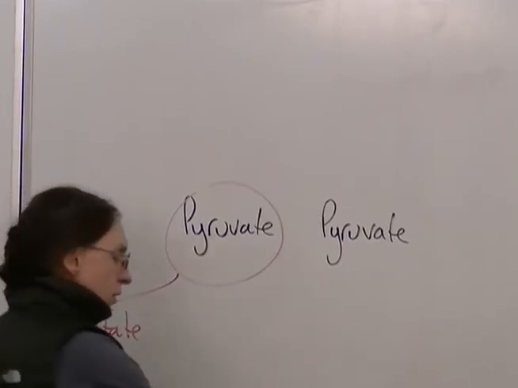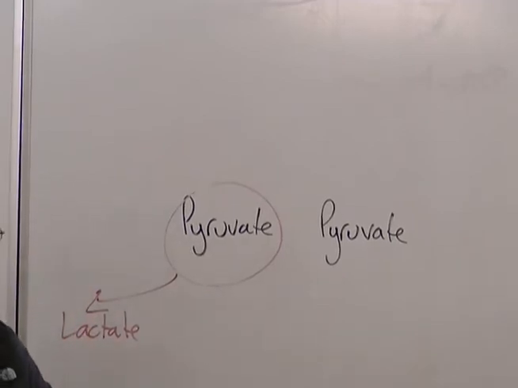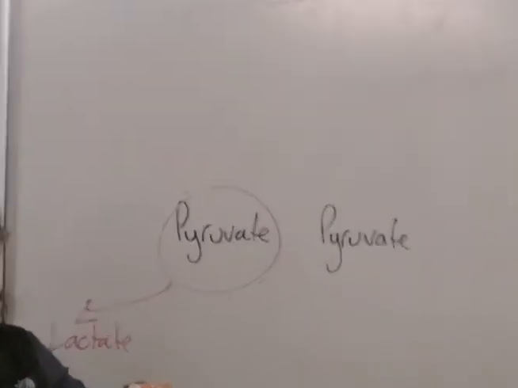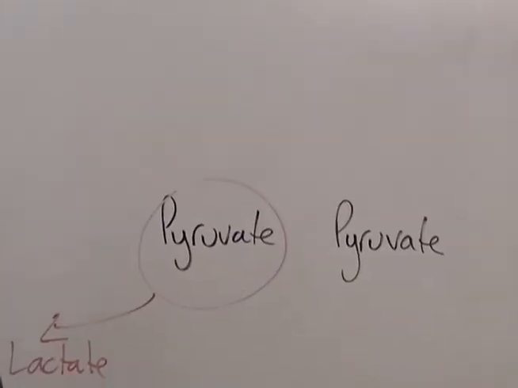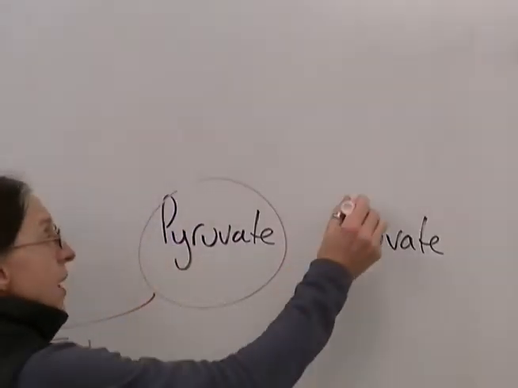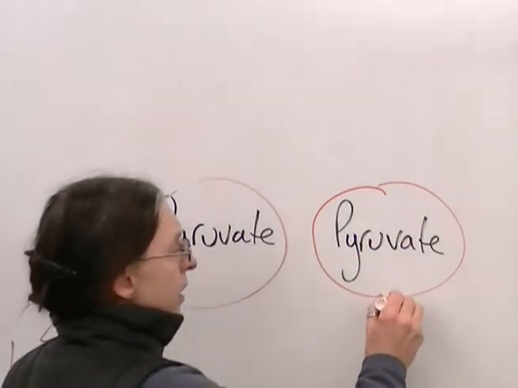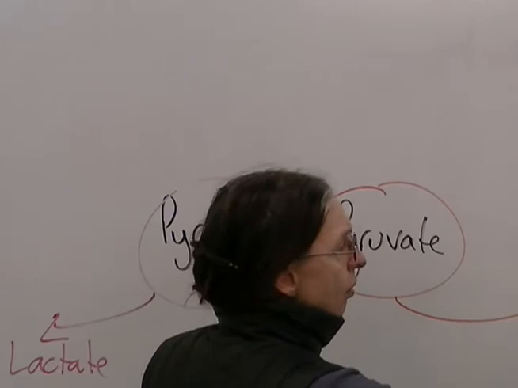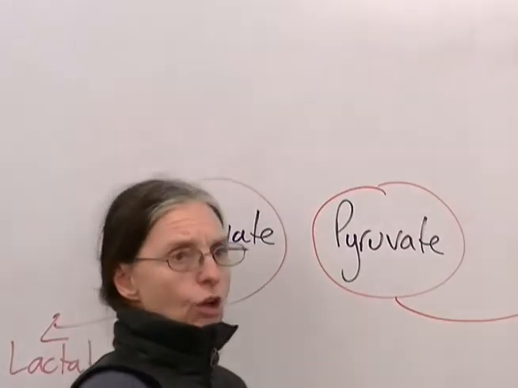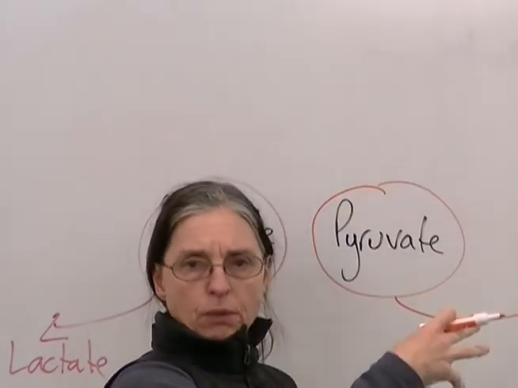If, however, you've been working for a long enough period of time that your body has had a chance to get oxygen via the lungs into the bloodstream, carried around and dumped off at the muscle tissue, then pyruvate, instead of turning into lactate, gets shuttled off into the cell, goes to the mitochondria, and gets fed into aerobic metabolism.